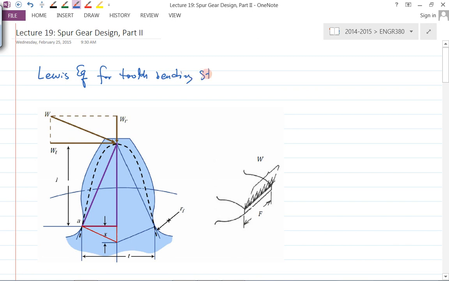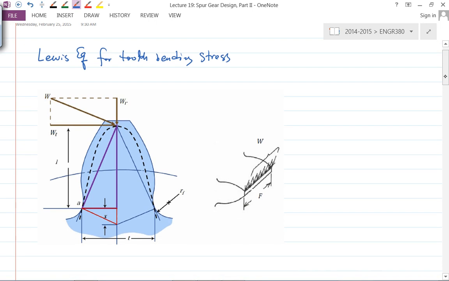To quickly recap what we did: Lewis in 1892 found that he can use a constant strength parabola inscribed inside this gear tooth profile to represent an approximation of the gear tooth, actually a conservative estimation.